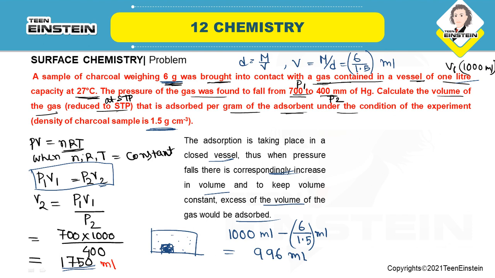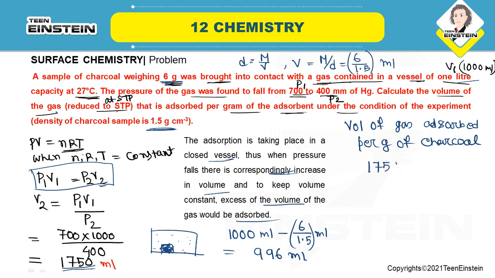Now the volume of the gas that is adsorbed per gram of charcoal will be equal to, first of all, subtract it from 1750 minus, so this is the available space.